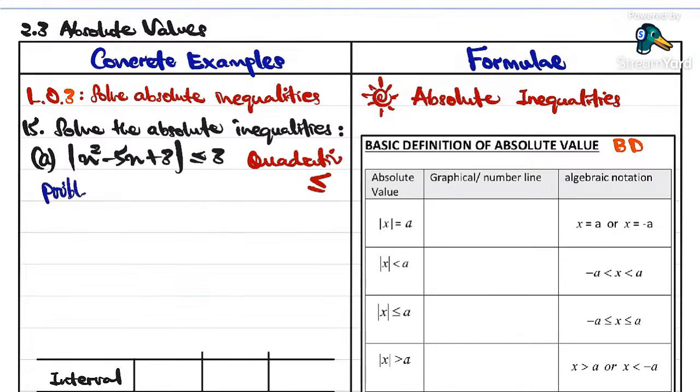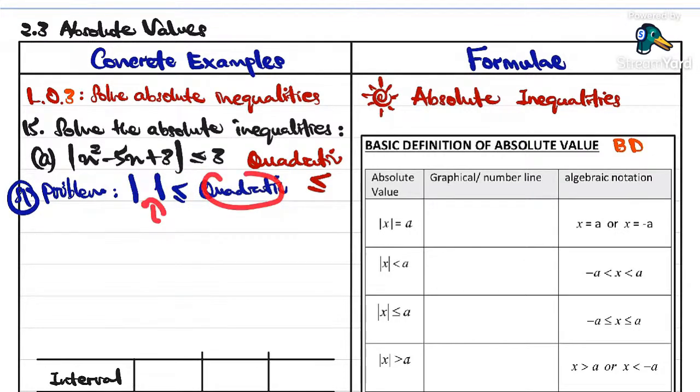Okay, saya lebih tekankan problem. So step 1, tolonglah tuliskan problem ni. Problem ni ada modulus dan ada inequality. Tapi dia apa? Tapi dia quadratic. So ada 3 problem. Satu modulus, and then ada inequalities, dan ada quadratic.